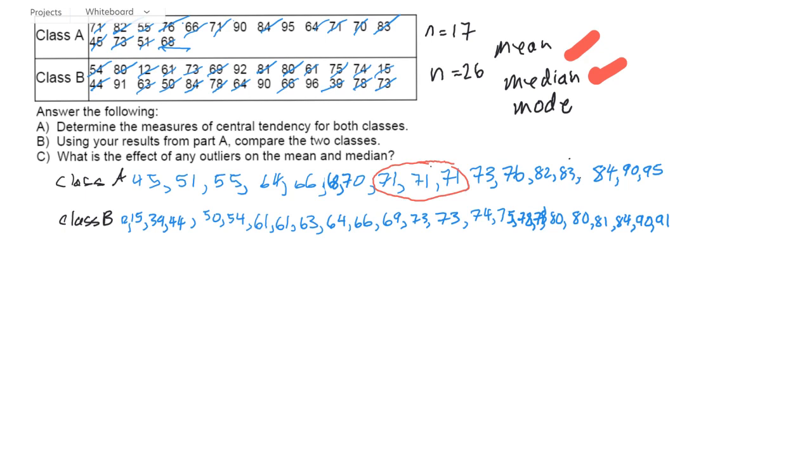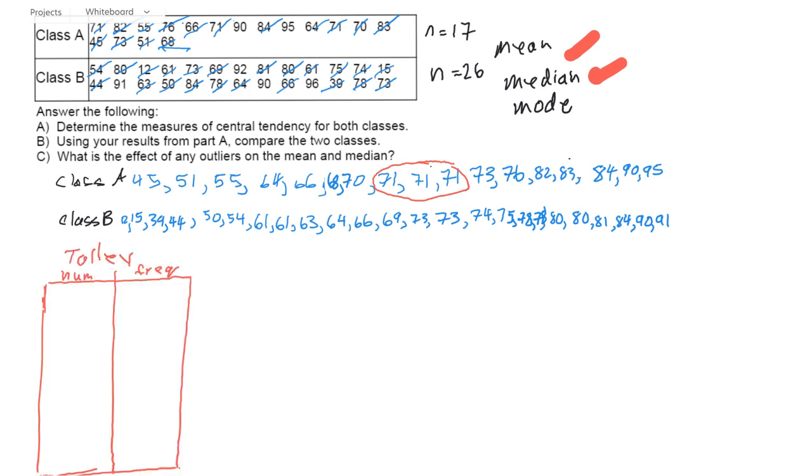Now, here's how you would do it if you wanted to keep track of all the numbers. You'd have a tally. And literally all we're going to do is keep track of our frequency of all the numbers. So for 45, I have 1. For 51, I have 1. For 55, I also have 1. For 64, 1, and so on.